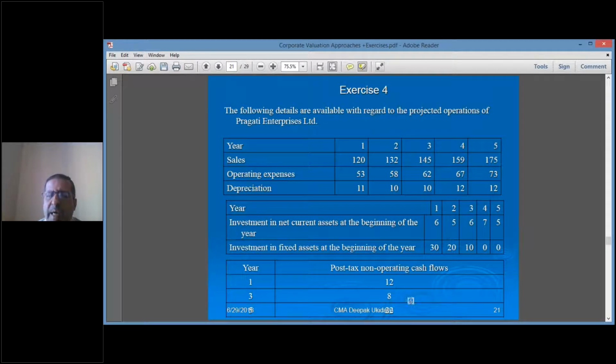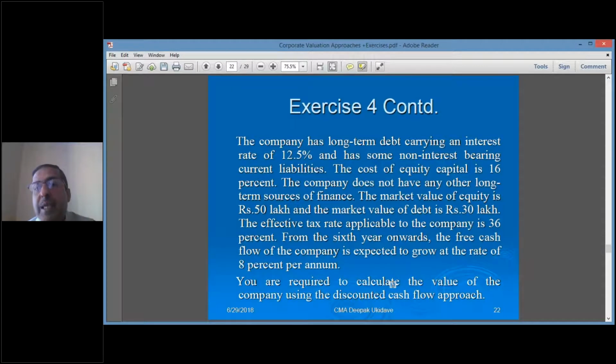This is the post-tax non-recurring, non-operating cash flow from investing and financing activity. I require all these figures for my template. There is a standard format in which you have to approach any question on FCFF. Now it is given in paragraph, in narrative form, so I have to crystallize and condense it to bullet points, to the key figures.